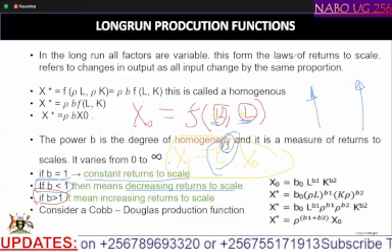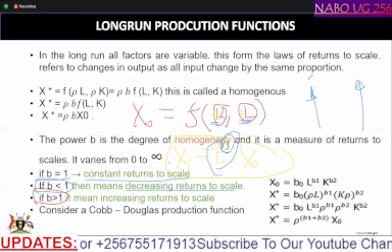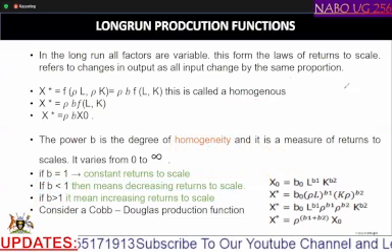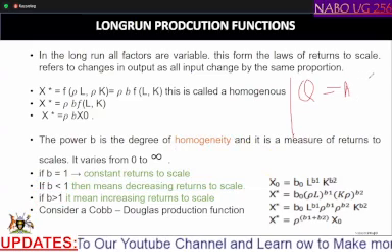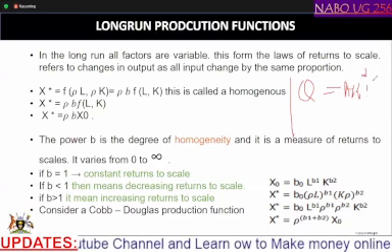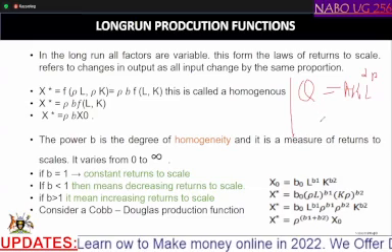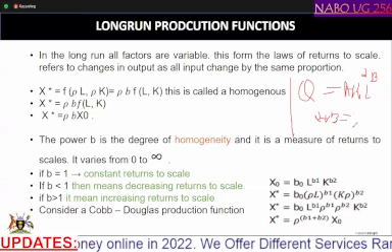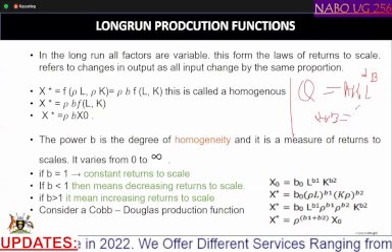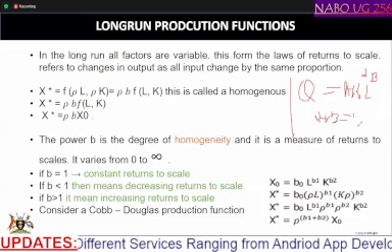The best example which we always use is the Cobb-Douglas production function. Sometimes we say A K power alpha, L power beta. We may state it in that form: if alpha plus beta is equal to 1, that is what we call constant returns to scale.